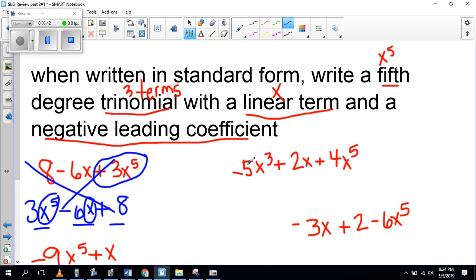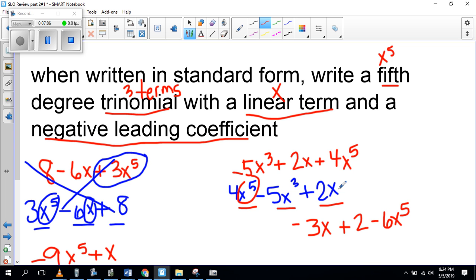Okay, let's go over here. Let's put it in order. So 4x to the 5th comes first, minus 5x to the 3rd, plus 2x. Okay, so let's look and see if we check off everything. I have 5th degree. I have 1, 2, 3 terms.